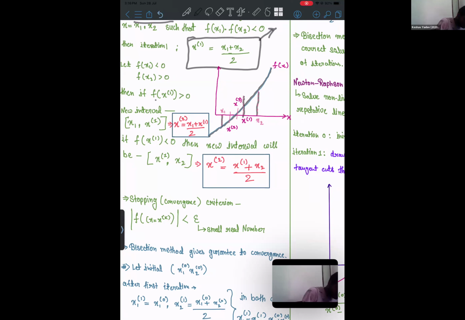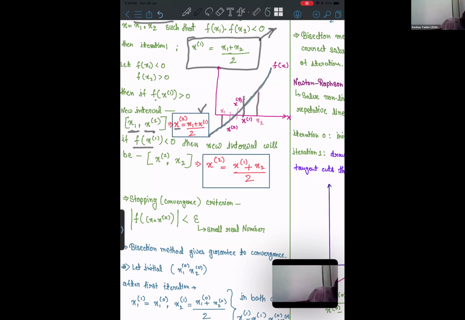Our new interval will be x1, since x1 is negative, so the positive end will be replaced with the new root. So our new interval will be x1 to x superscript 1. So the second root, x at the second iteration, will be x1 plus x at first iteration divided by 2.